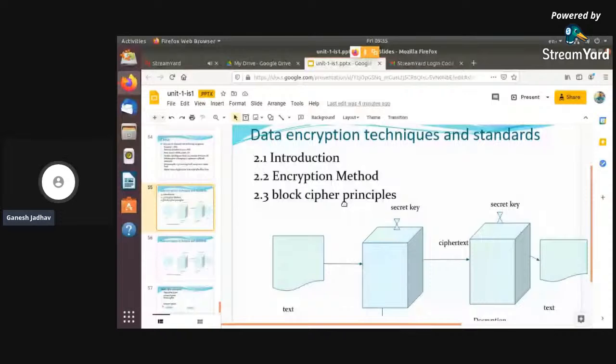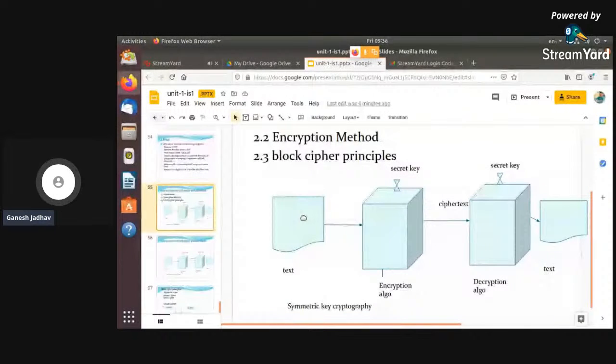Why is it symmetric? See here, this is the actual process. This is the original message, or the plain text. We have to secure that message by using the encryption algorithm and the secret key.